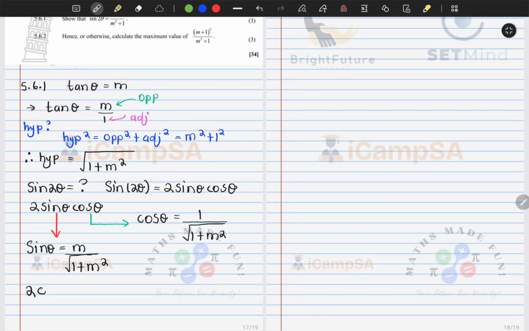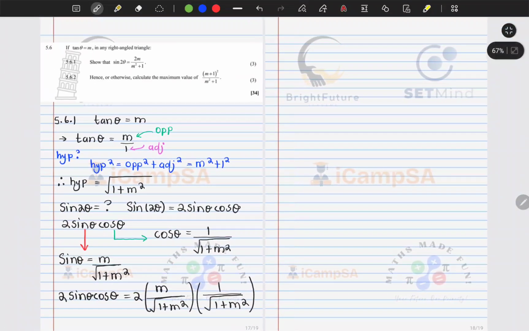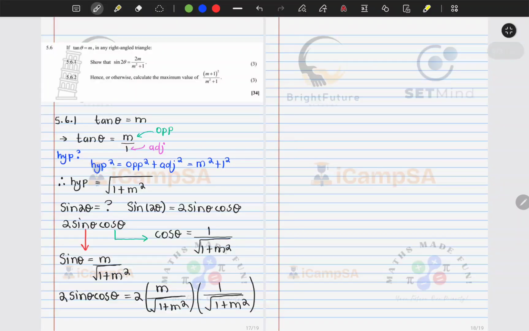So this means that 2 sine of theta cos of theta is the same as 2 into m divided by the square root of 1 plus m squared, multiplied by 1 divided by the square root of 1 plus m squared, of which, if you observe carefully, those square roots on the denominator will multiply.